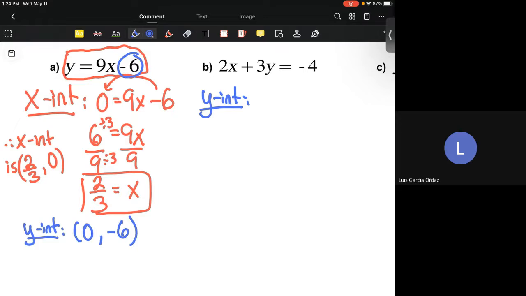So to find my y-intercept, what do I have to sub in for 0? X. So I'm going to plug in 0 for x.